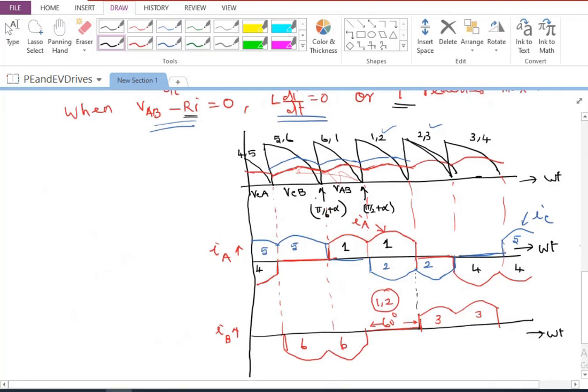So this we said VAB, this is VAC, then VBC, VBA, VCA, and so on. This is what is the typical. So when we talk about 6 and 1 conducting, VAB; 1, 2 conducting, VAC; 2, 3 conducting, VBC; 3, 4 conducting, VBA, and so on. So the same thing, let me show here.